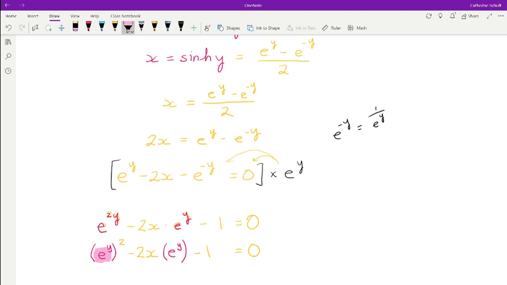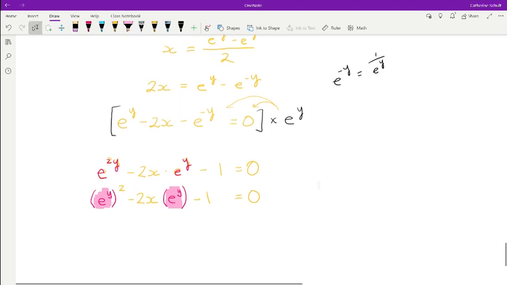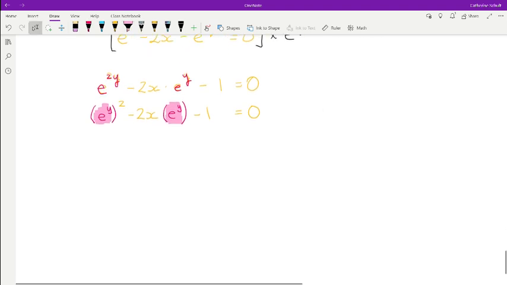Going back to algebra class, if you substitute in an x, we can clearly see it's a quadratic, because now it would be x squared minus 2x minus 1. All right, so x squared minus a coefficient x minus 1. So how we solve quadratics is we can use the quadratic formula, but instead of x, our variable is acting like e to the y.